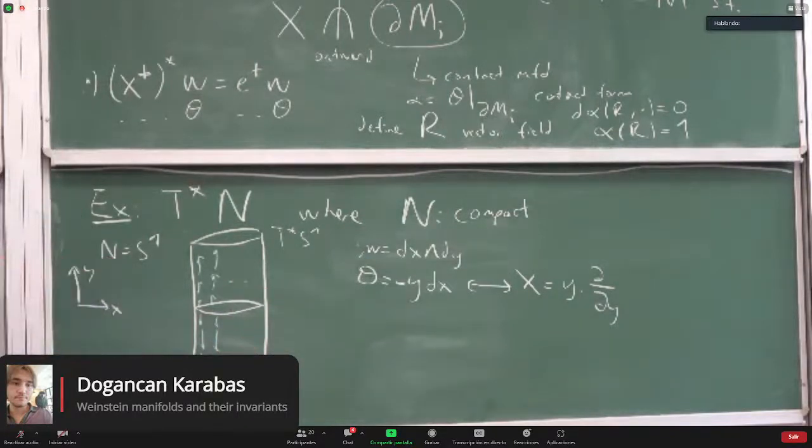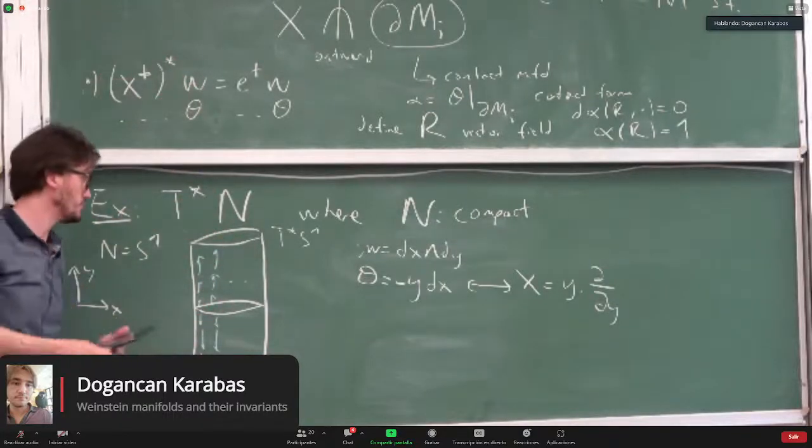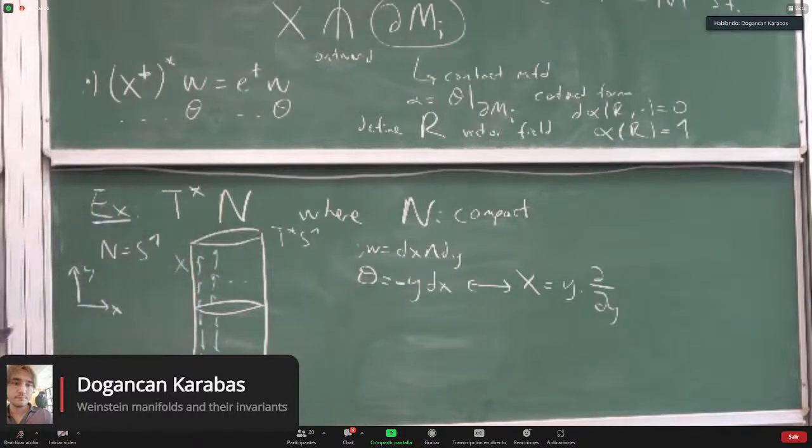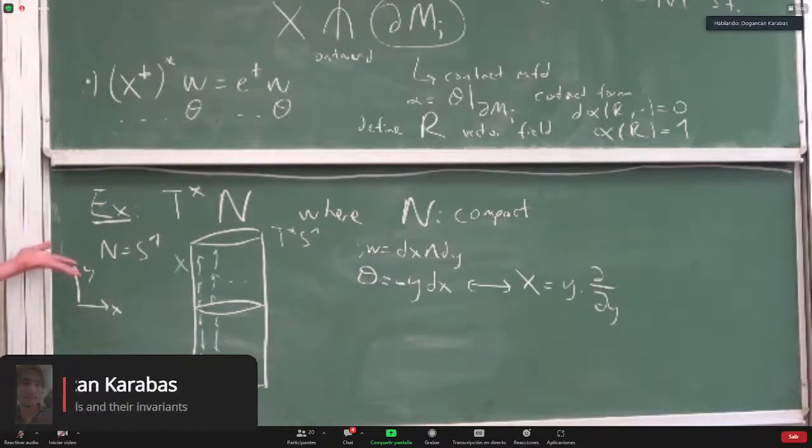So you're just escaping the zero section, okay? After the zero section, it grows up and down. So this is the Liouville vector field. Okay. So, is it clear? So this is like a working definition, you know?